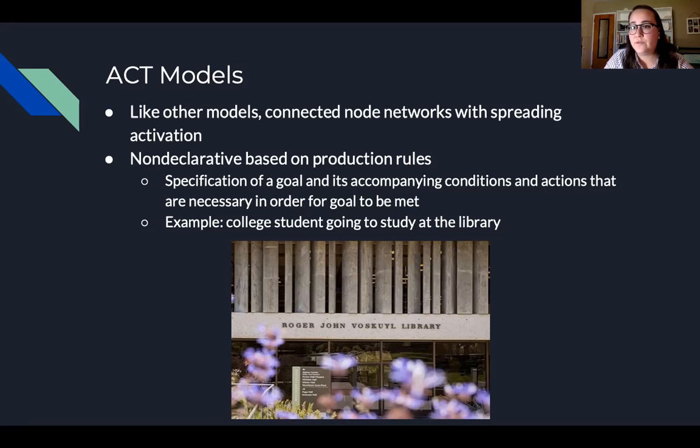There are various versions. If you look it up, there's ACT, ACT-R, all these different things. This was developed really specifically with the analogy of computers. And it's important to note that these models of semantic memory don't make the distinction between semantic memory and episodic memory like we have.